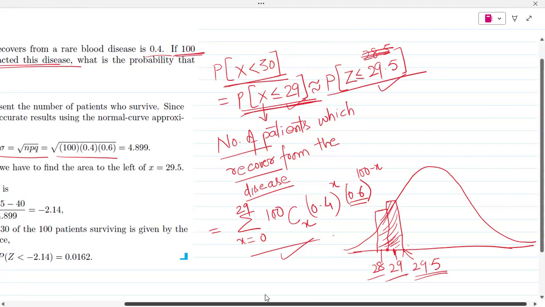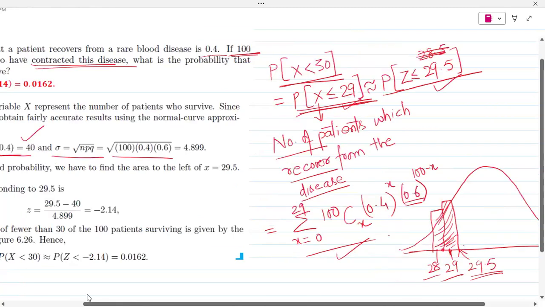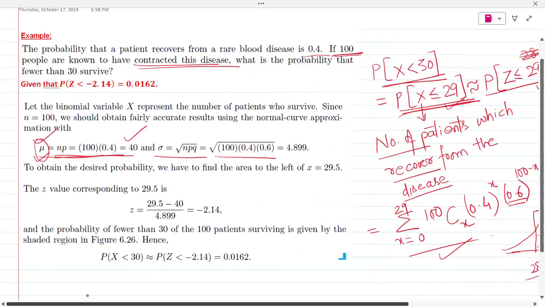The rest is the previous process: our value 29.5 minus the mu, divided by the sigma, and this value will correspond to the approximation from the normal tables.